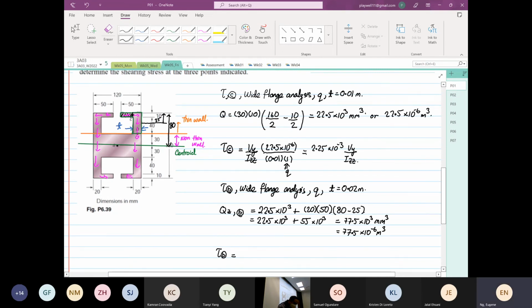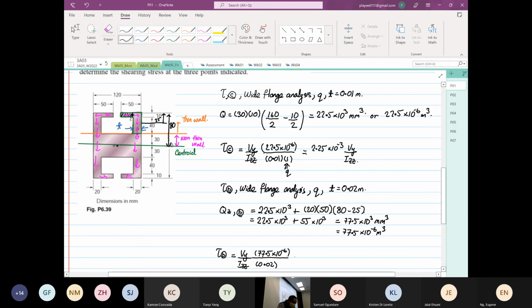Then from here, we can find our shear stress at point B. It's equal to Vy over Izz. Now, we don't know anything about Vy over Izz yet. The first moment of area is 77.5 times 10 to the power minus 6, and we are aware that the thickness is 0.02.